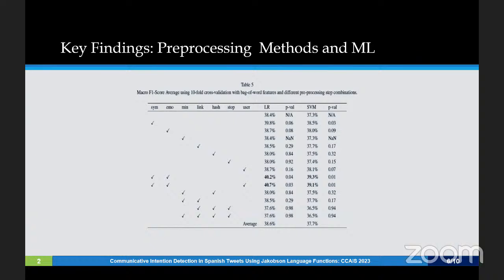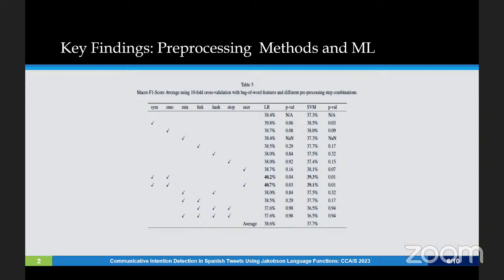The alternative hypothesis considered a difference in means, with the reference being the method that did not incorporate any preprocessing steps. As we can observe in the table, the results in bold represent the two preprocessing methods, symbols and emoticons, and symbols, emoticons, and usernames, which achieve the highest values compared to the reference for each algorithm, and their means are significantly different.